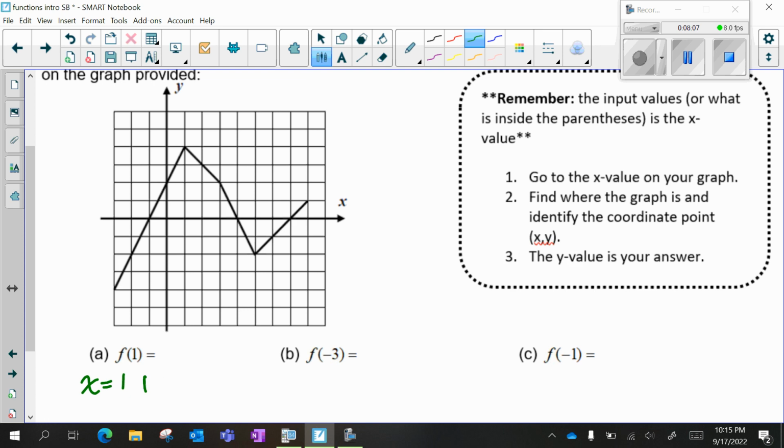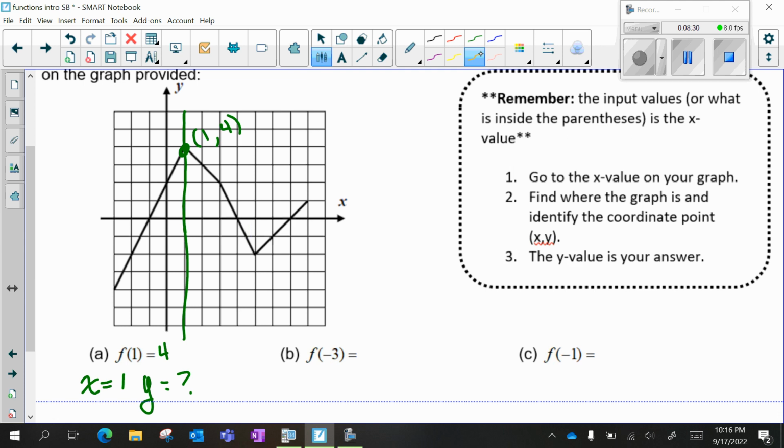X is positive 1. I want to know what is y. So I'm going to go to my graph. This is 1 on the x's. I can even draw a straight line through it if I want to. So this is the point 1 comma 4, which means f of 1 is 4.